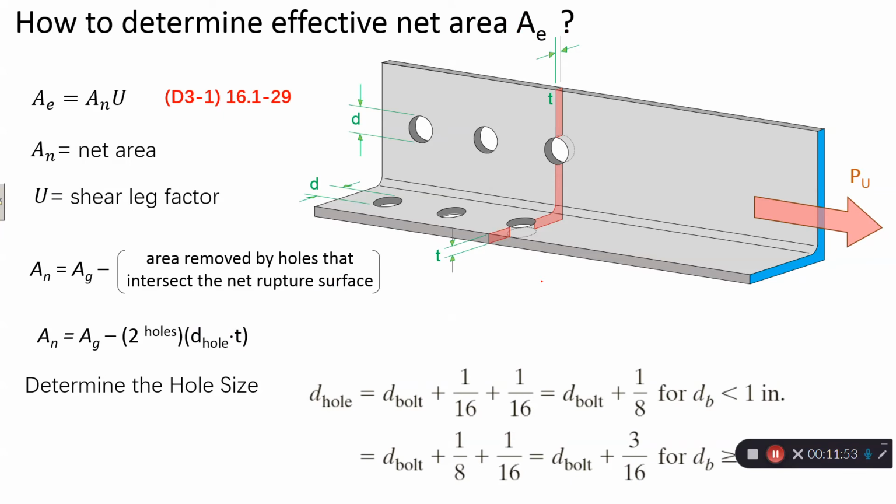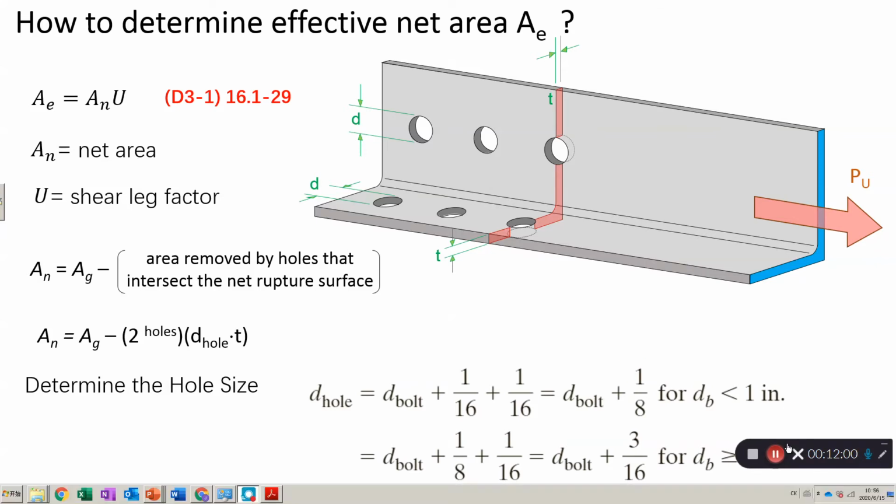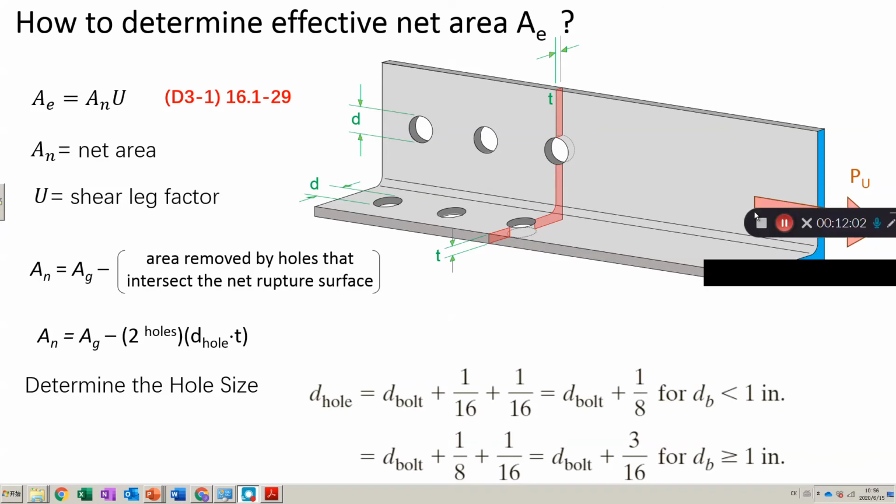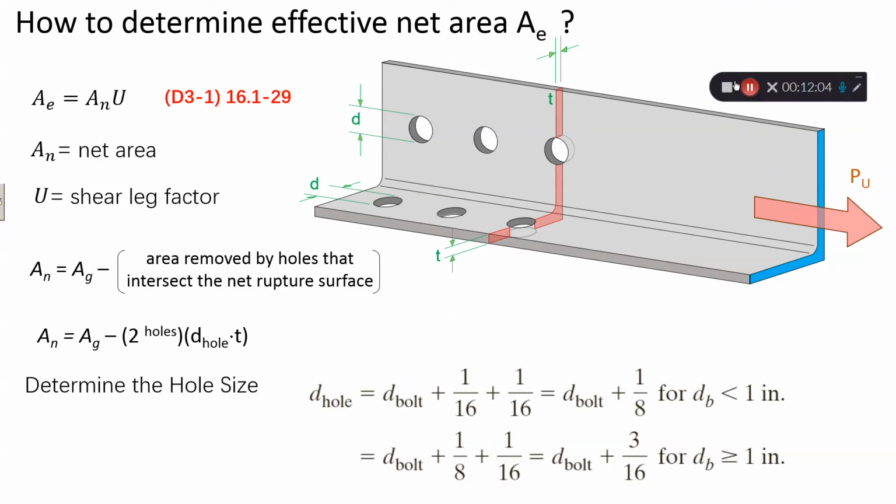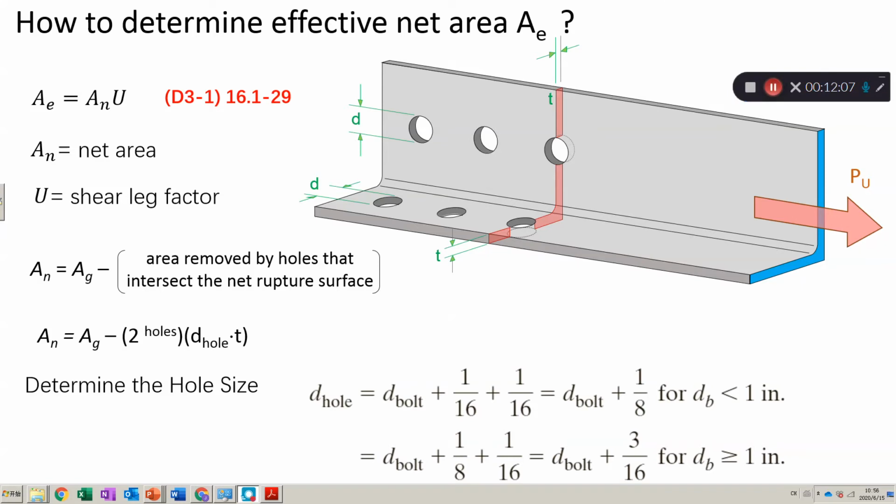Now you're going to ask me a question: how to determine the effective area. So let me move this icon to the top. Now comes the question, how to determine the effective net area.